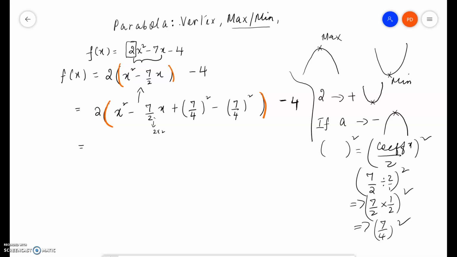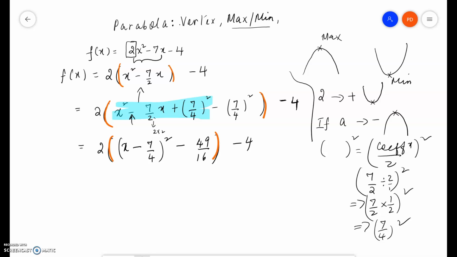Now within the parentheses, we complete squares. So the first 3 terms together give us x, since this is a minus, minus 7 over 4 the whole squared, minus, we still have the 7 over 4 the whole squared, so that is minus 49 over 16, minus 4.